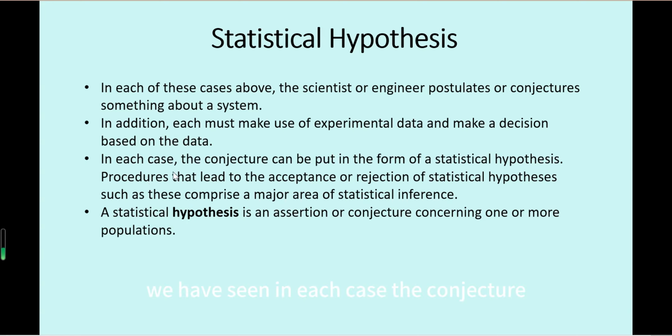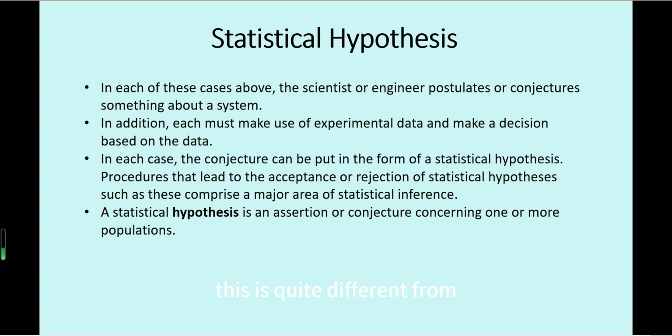We have seen in each case the conjecture can be put in the form of a statistical hypothesis, and procedures that lead to the acceptance or rejection of statistical hypotheses such as this comprise a major area of statistical inference. So this is an area of statistical inference if we do hypothesis testing in statistics.